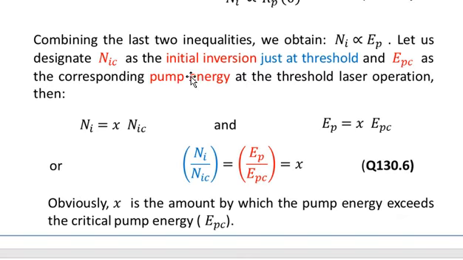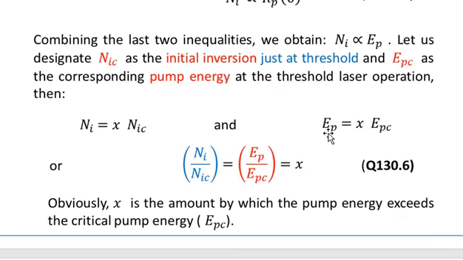So with EPC as the corresponding pump energy at the threshold laser operation, we can write that Ni can be written as X times NIC. So the maximum value of the inversion can be written as a multiple X of the critical value of the inversion.